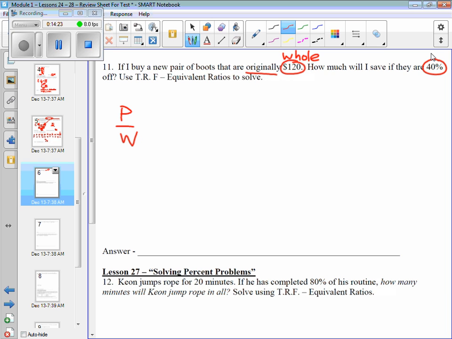And the how much will I save is the part that we're looking for. So we now have all of the pieces to put into our template ratio find, part over whole. Our percent is going to be 40 over 100 equals what we're trying to find, the part of the whole 120.